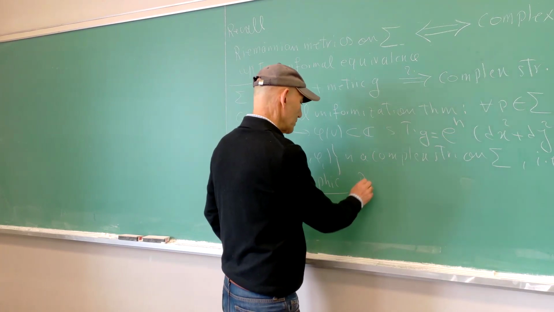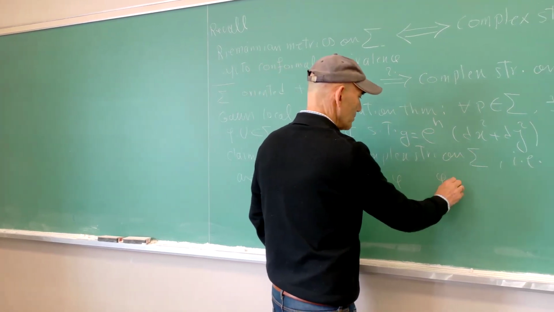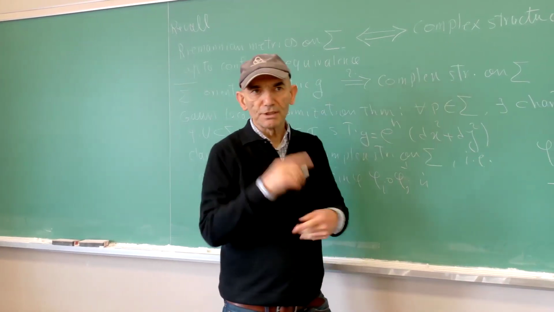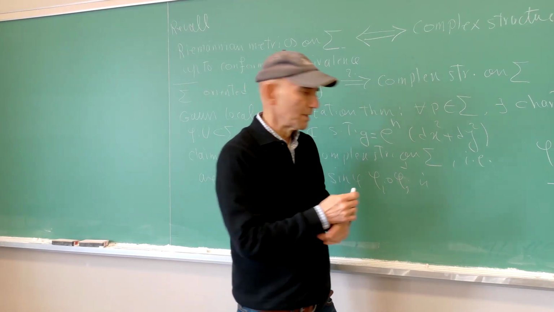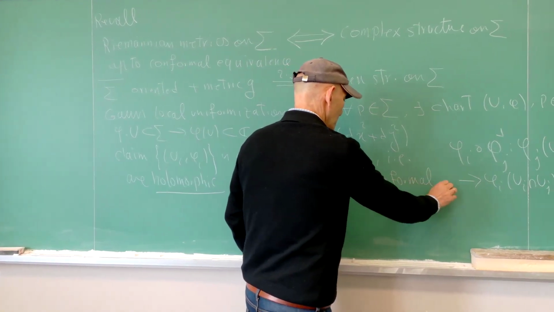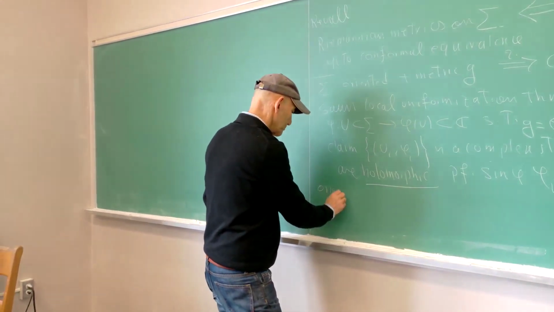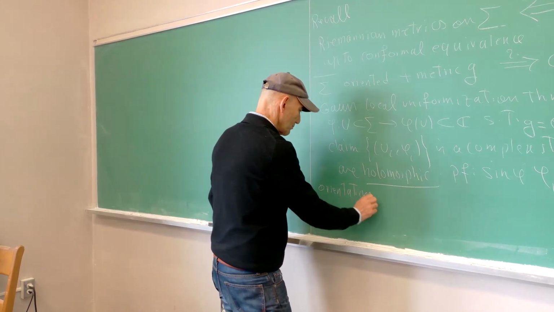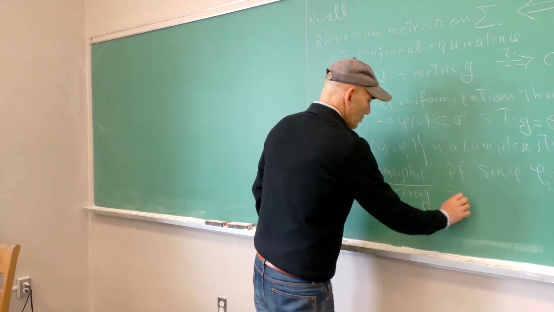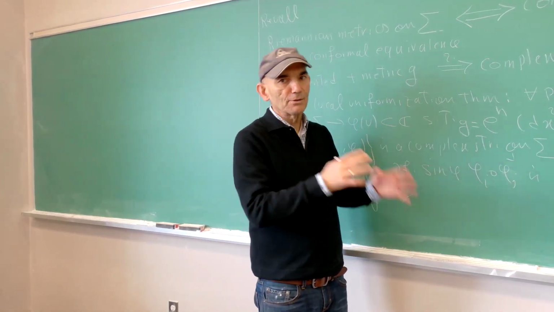So in fact, the proof of this: since phi_j inverse composed with phi_i has two properties, it is conformal and orientation preserving. You conclude that actually these are holomorphic because we know that holomorphic is nothing but conformal and orientation preserving.